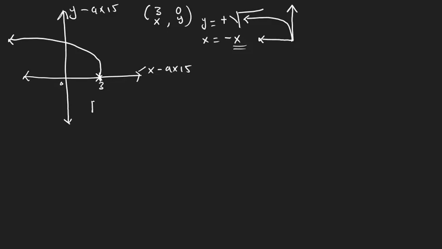Henceforth, since our x was actually negative, our domain is coming from negative infinity all the way to 3 included. But our range, since the radical was positive, is simply coming from 0 all the way to positive infinity because it's moving upward. That's how you find the first one.